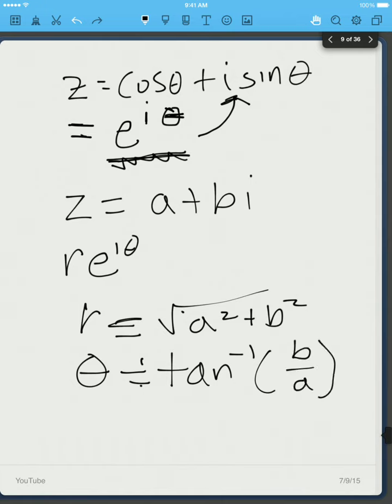So you can represent any complex number this way, and that's very helpful, especially when we're doing operations in the future.